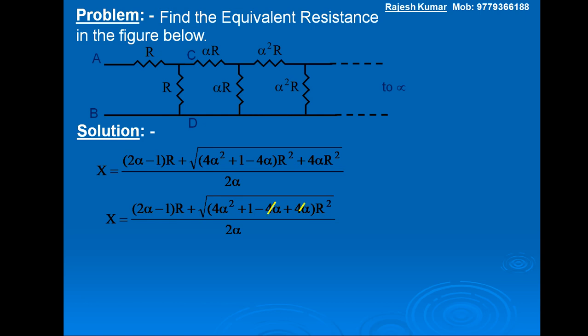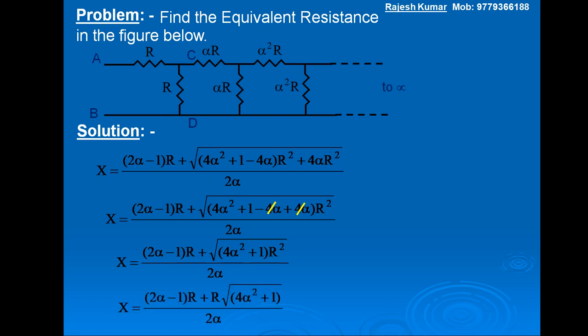Now minus 4 alpha and plus 4 alpha cancel each other. So we get capital X is equal to 2 alpha minus 1 within the bracket into capital R plus square root of 4 alpha square plus 1 into capital R whole square upon 2 alpha. Now capital R square and square root cancel each other.